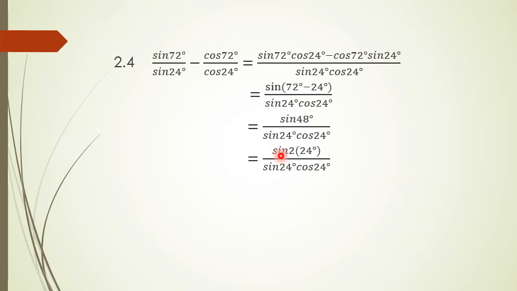So that gives us sine 2 times 24 degrees all over sine 24 degrees cos 24 degrees. Applying the double angle formula for sine, that gives us 2 sine 24 degrees cos 24 degrees all over sine 24 degrees cos 24 degrees. Now sine 24 cos 24 cancels with sine 24 cos 24, leaving us with 2 as our final answer.